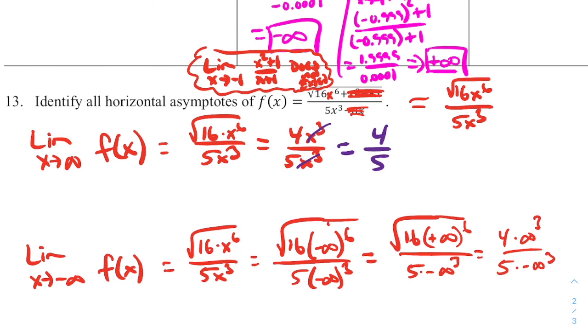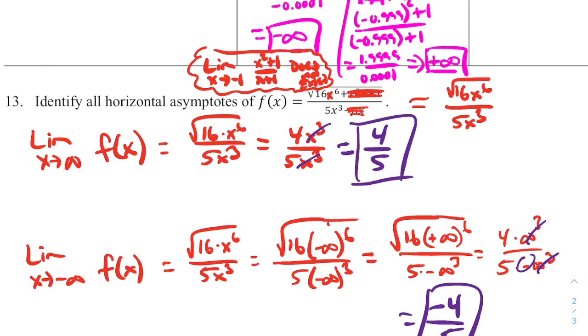Those infinity to the thirds are going to cancel, but I'm left with this extra negative that I didn't have before. So this is going towards negative 4 over 5. So 2 different horizontal asymptotes. Again, this problem sort of gave away that there's more than one answer because they say, identify all of the horizontal asymptotes for this problem, not just the one going towards infinity.